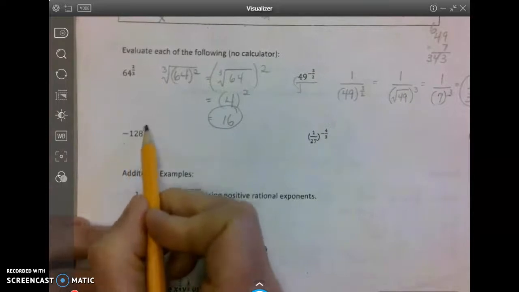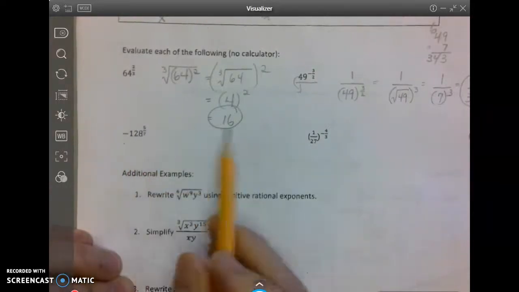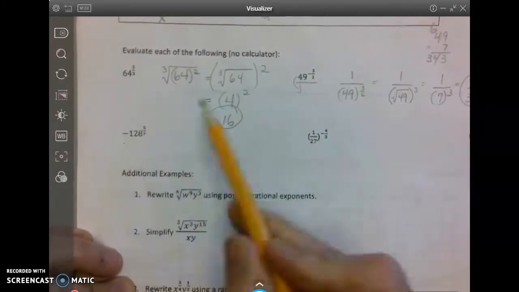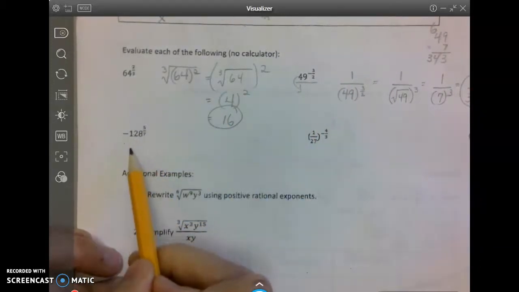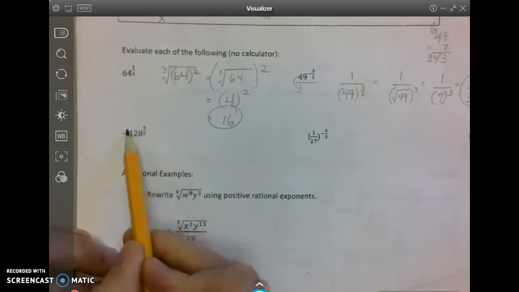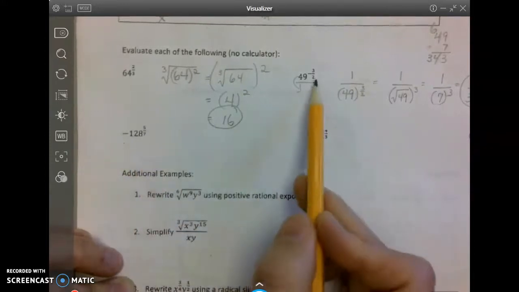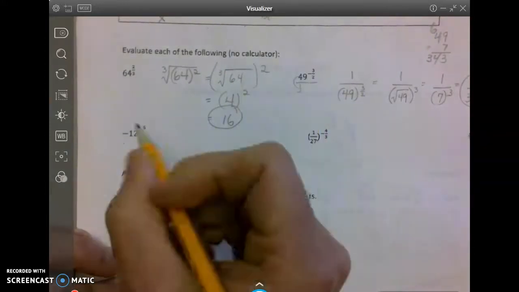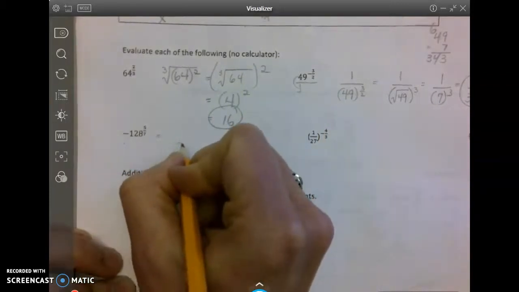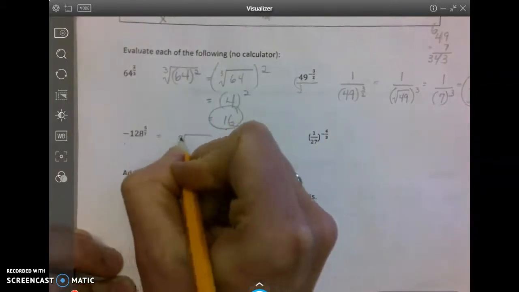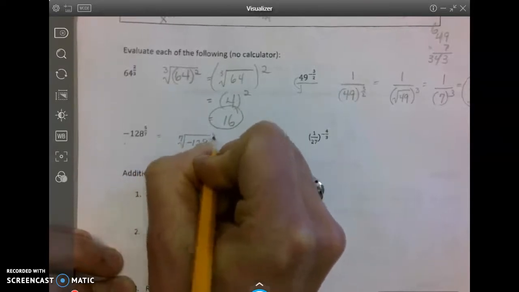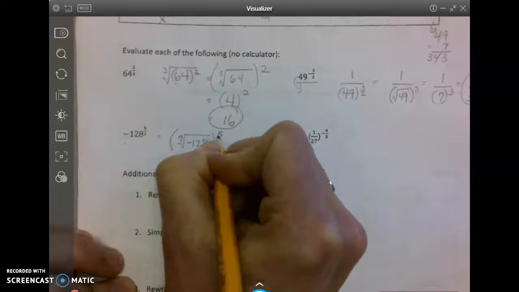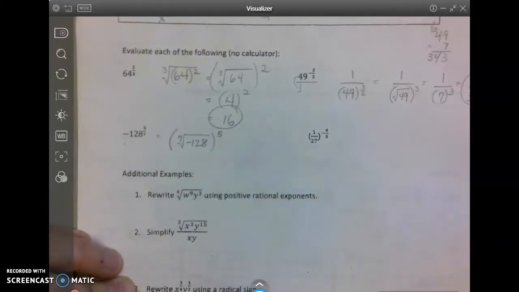Negative 128 to the 5/7. I don't want you to think that this is the same type of problem. You don't cross the line to change the sign. This is a base. You only do that with exponents. That means we are taking the 7th root, always do the root first, of negative 128, and then raising that to the 5th power.